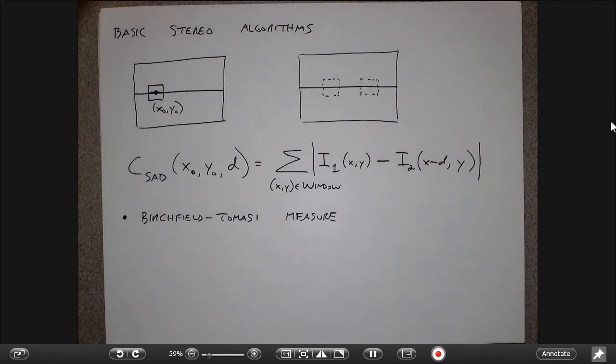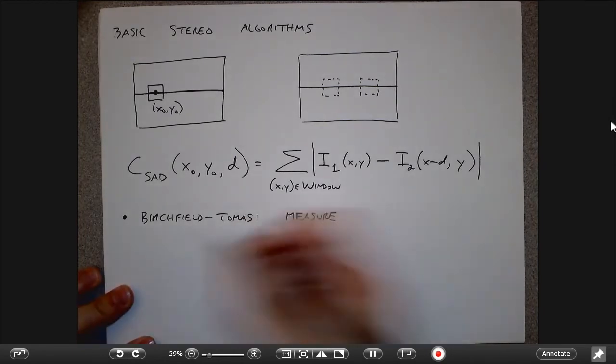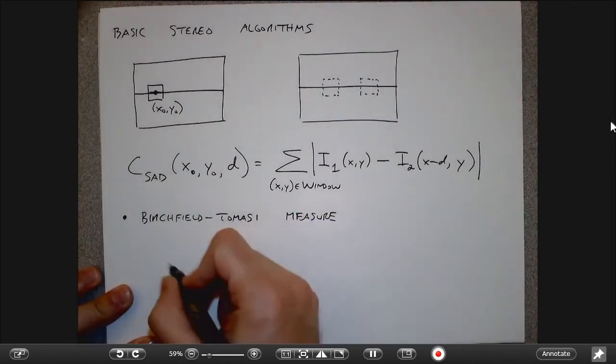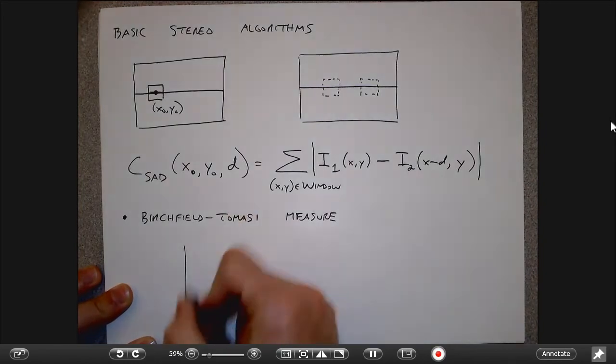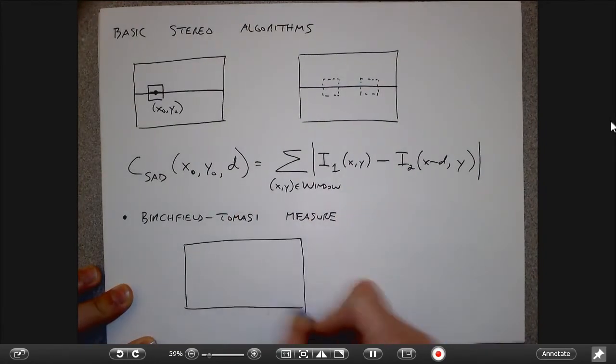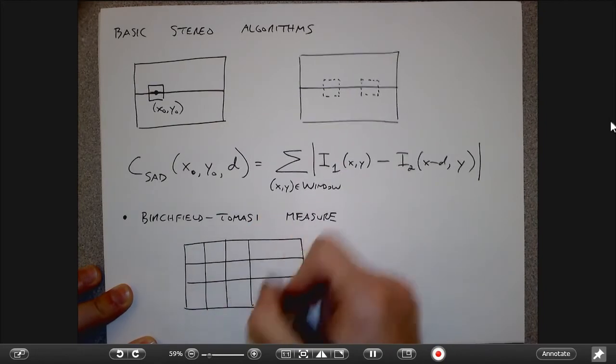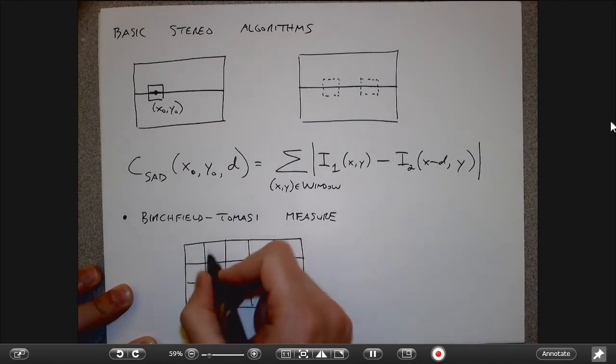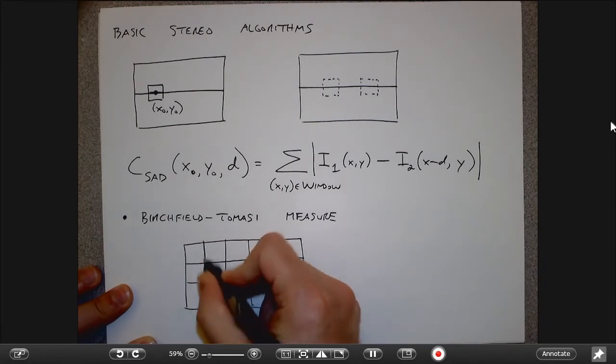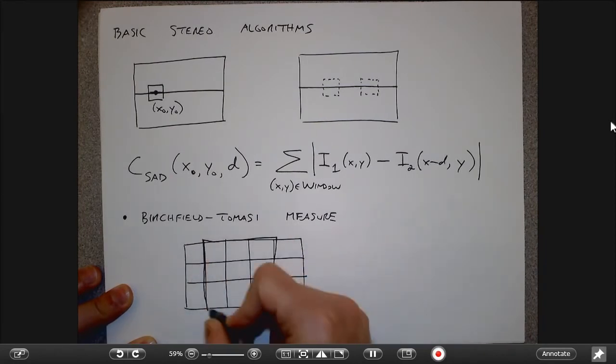I could still get a good estimate by letting myself try and fit this window. So if I make a zoomed-in version, say I've got a 3x3 window, and say I'm asking myself about the match to this window here.